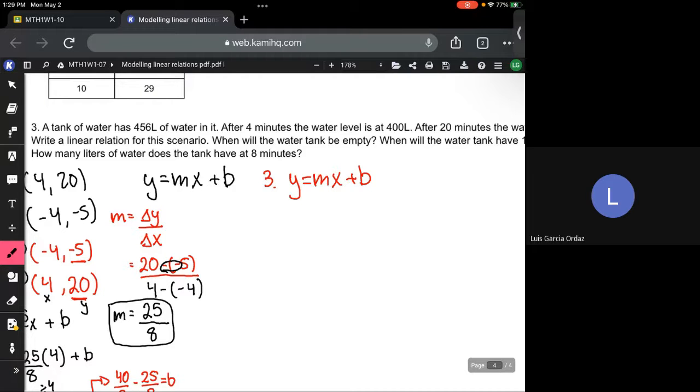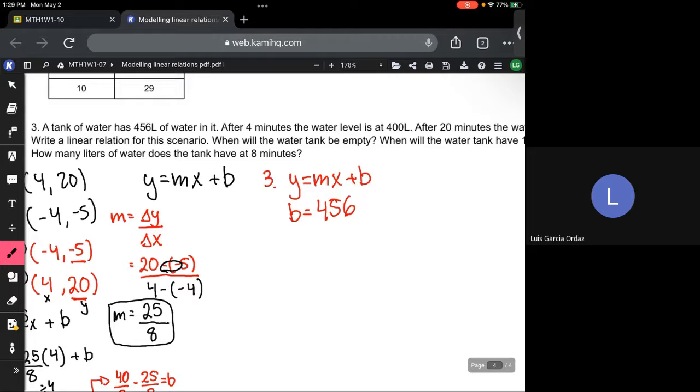What do we have? What's b? 456. Yeah, b is 456. So for m, I need to figure out my slope. I can basically write a coordinate with my first piece of information.